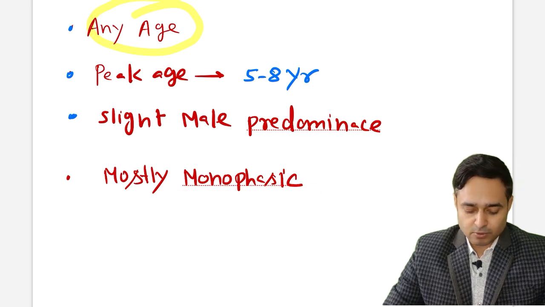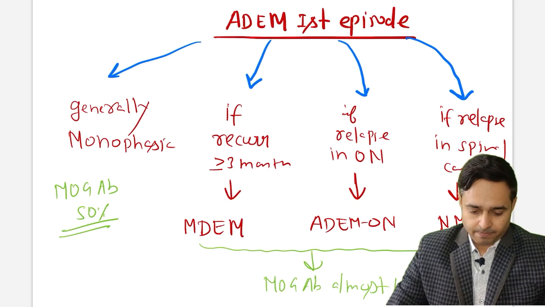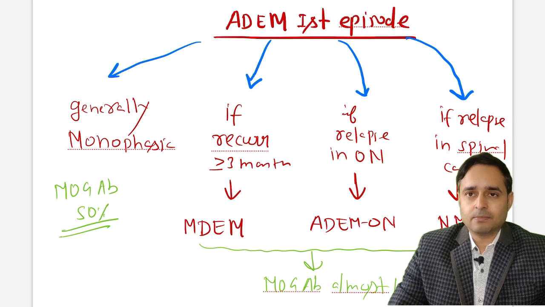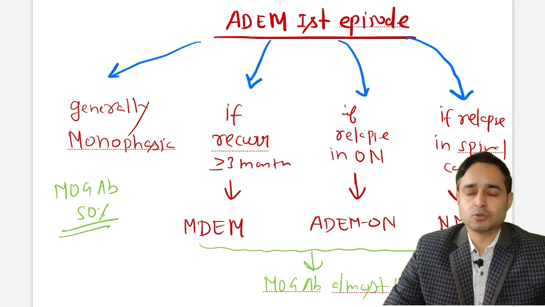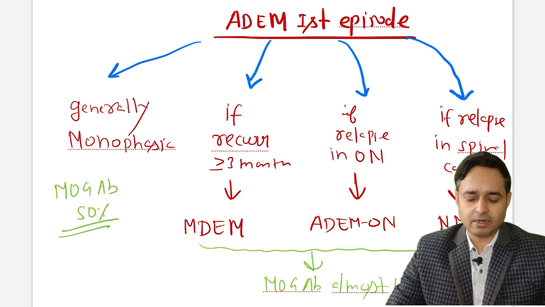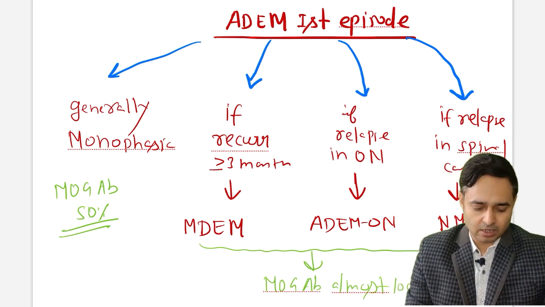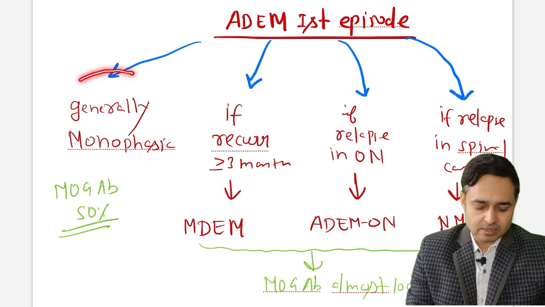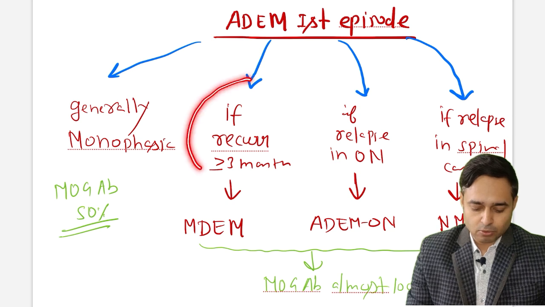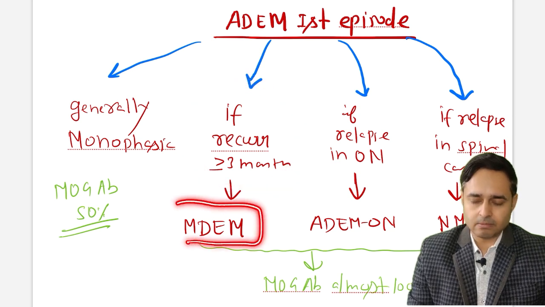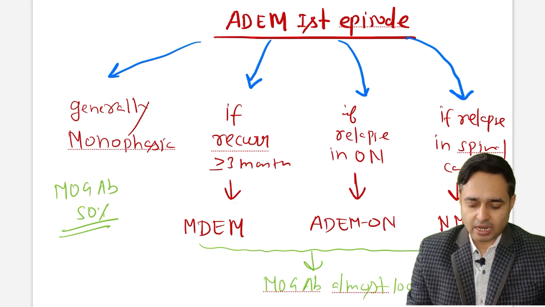So if ADEM first episode is there, what can be the fate of the next episode, or what should we tell the parents, what will be next? Generally it is monophasic, and it actually doesn't recur. If it recurs after more than 3 months, it is MDEM, multiphasic ADEM.